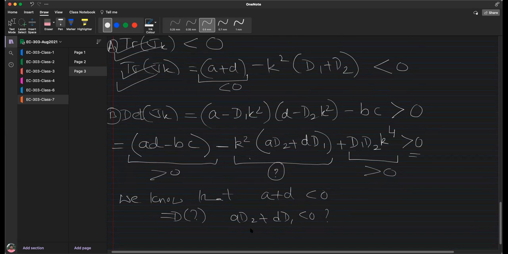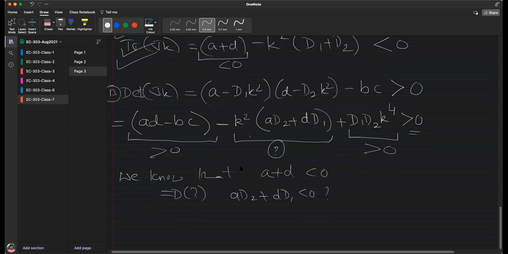Yeah. Why so? If D1 and D2 are nearly equivalent, then you can just take them common, right? And that would also be negative. Okay, so if D1, D2 are comparable, assume D1, D2 are comparable, then what happens?